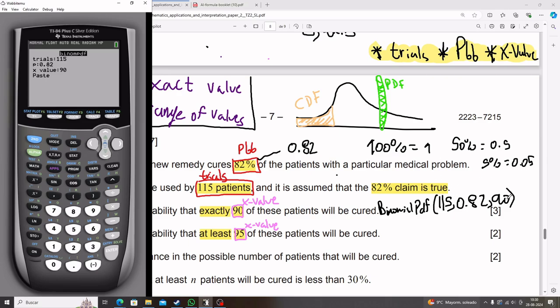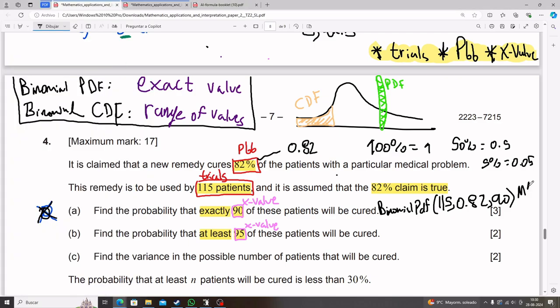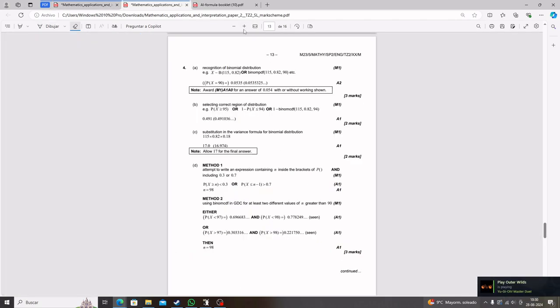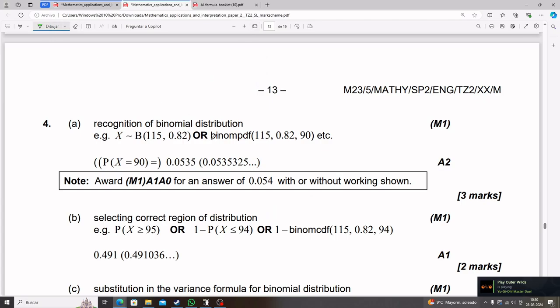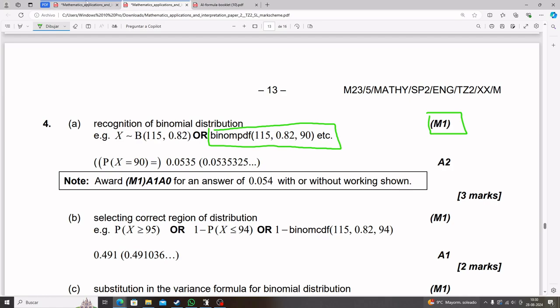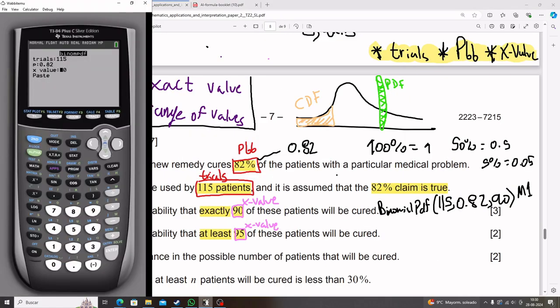And so write this out in order to get your method point, because whoever is grading you needs to know what you plugged into your calculator and how. So very important that you put this here. It is in the mark scheme as well. You have to write out what you did. That's for your method point. And then the actual answer, we're going to leave it what we found earlier. I just plugged in the same thing twice.